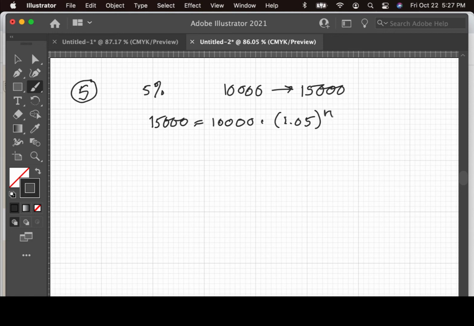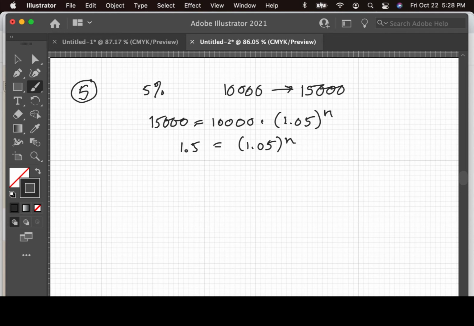So after n years, we're going to go from 10,000 to 15,000, and the question is, what is n? Well, we can divide both sides by 10,000. We'll get 1.5 is equal to 1.05 to the nth power.